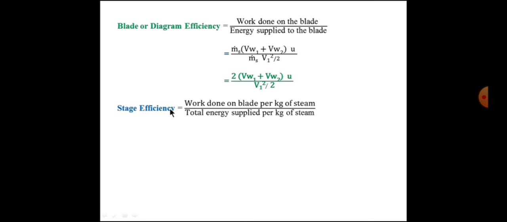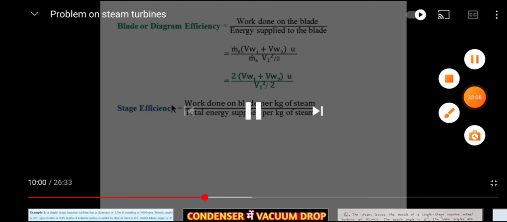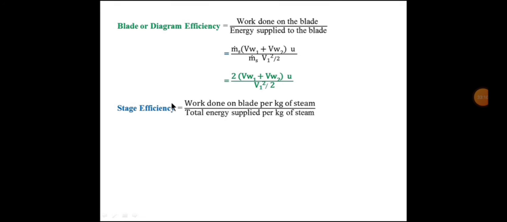Next formula is of stage efficiency. In a stage of a steam turbine, what we have is either a nozzle and a moving blade, or a fixed blade and a moving blade. That means a set of fixed blades and moving blades can be there in a stage, or one nozzle and one set of moving blades can be there in a stage. So stage efficiency equals work done on the blade per kg of steam divided by total energy supplied per kg of steam.